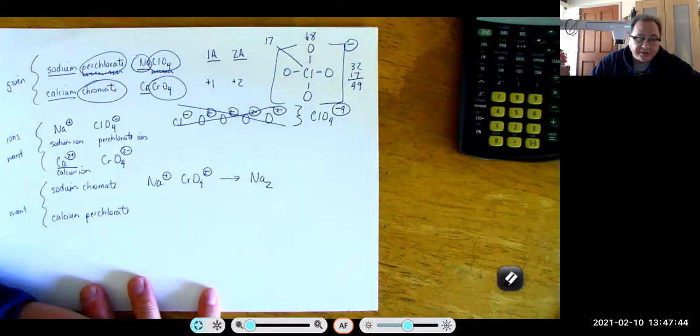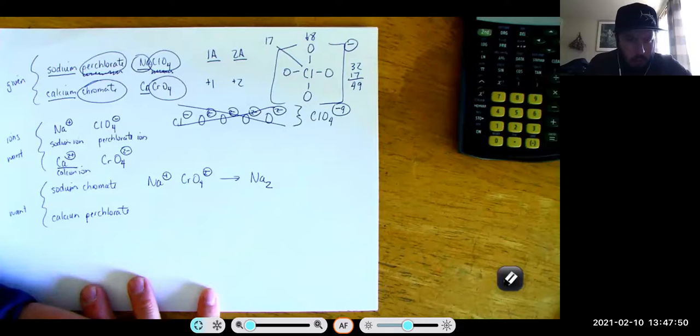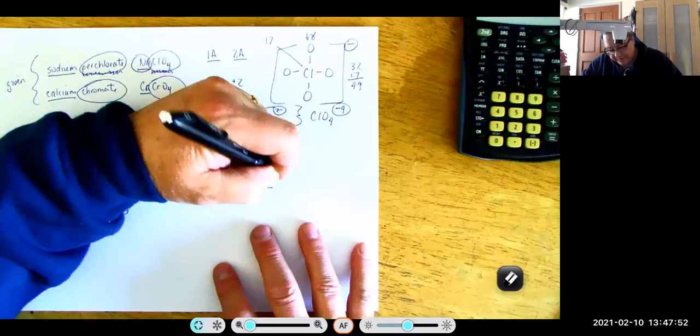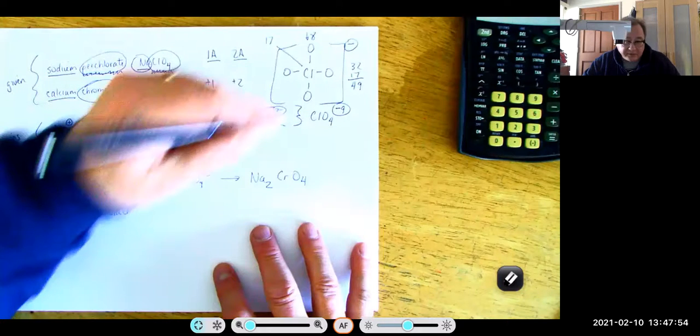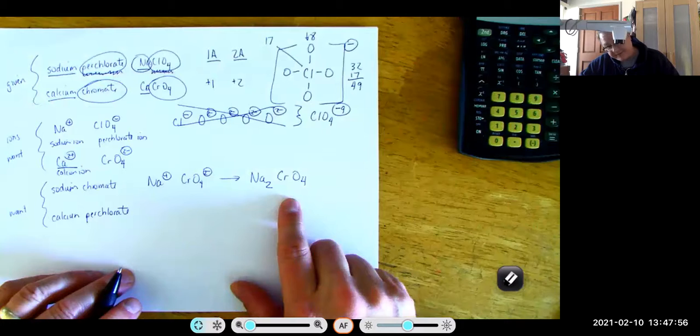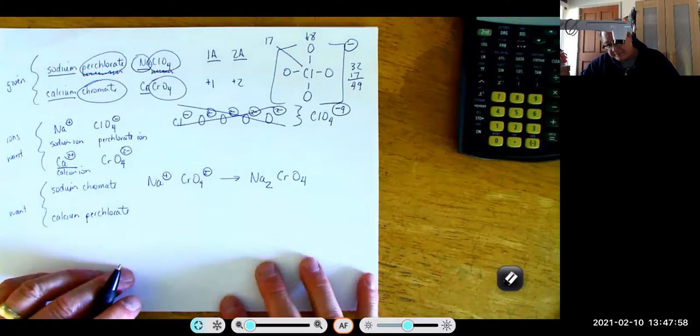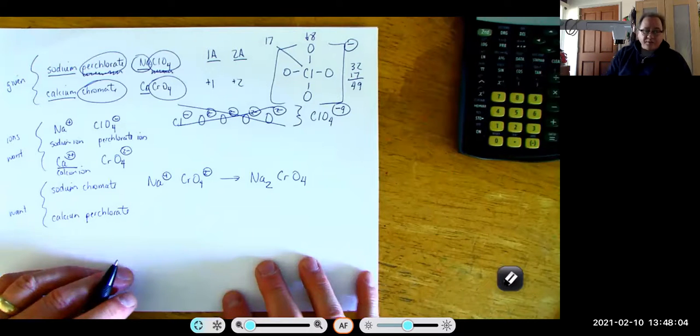How many chromates do we have? 1. Okay, so if we've done this correctly, this should be neutral. Let's check and see if it is. So how can we check on this?